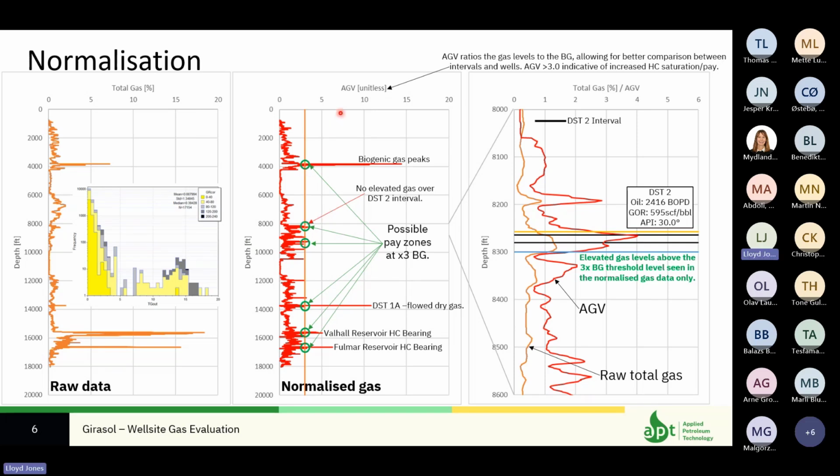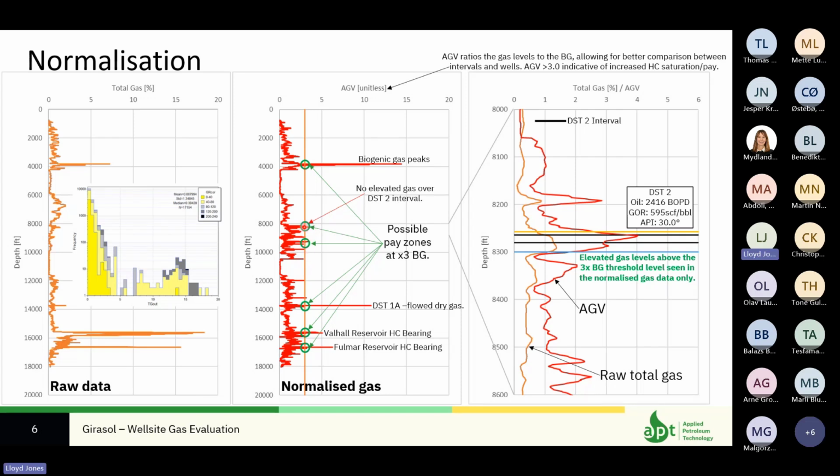So the approach we take is using a background gas method, and any gas peak 3 times larger than that background is flagged as a hydrocarbon-bearing zone of potential pay, and that's what you see circled in the green here. So going down the well, there's this zone at 4,000 feet, again at 16,000 feet, 17,000 feet, but there are also some additional zones now just above 14,000 feet, and then between 8,000 and 10,000 feet.